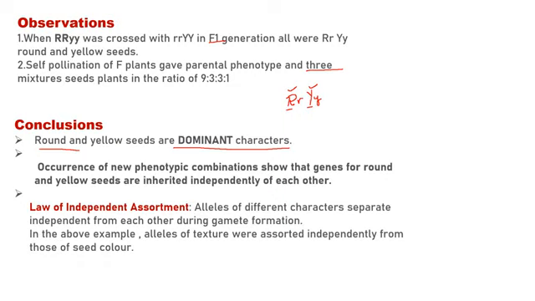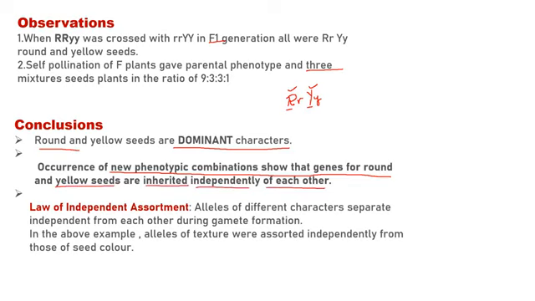But as the result of the F2 generation, we came to know the other three combinations also, which is possible only in the heterozygous condition. Now, the second point, occurrence of the new phenotype combination shows that genes for round and yellow seeds are inherited independently of each other, right?